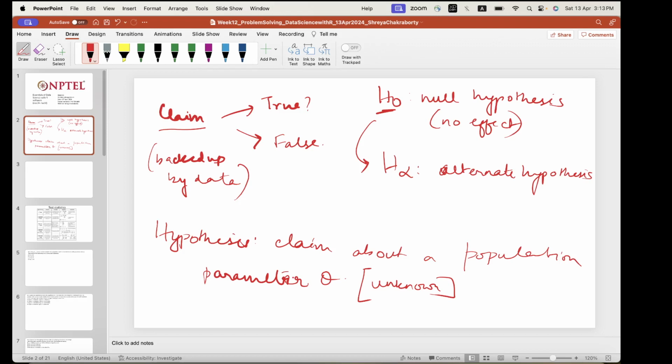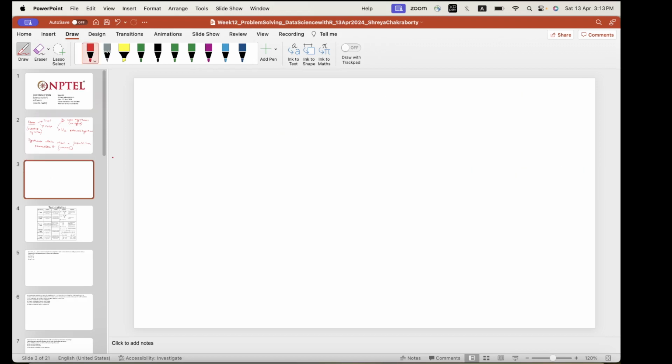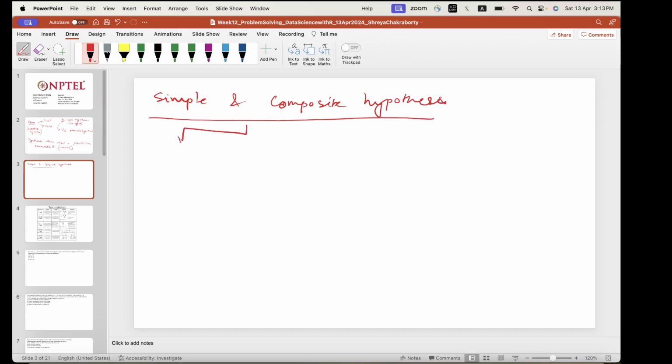Alright, next, what we have learned is what we mean by a simple and a composite hypothesis. Alright, so simple means that the distribution is completely specified given H naught.